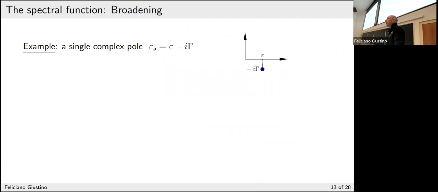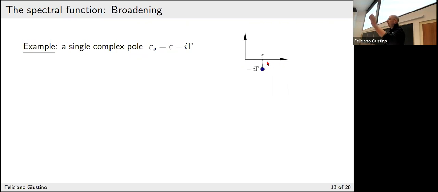Let's imagine that the Green's function has only one pole, okay? And this pole is sitting here in the complex plane. So this is the real axis, this is the imaginary axis, and basically we have a complex pole sitting here. So epsilon is the real part, and gamma is the imaginary part, okay?